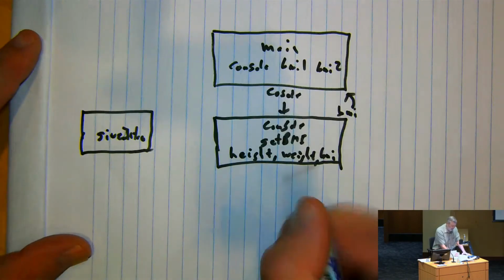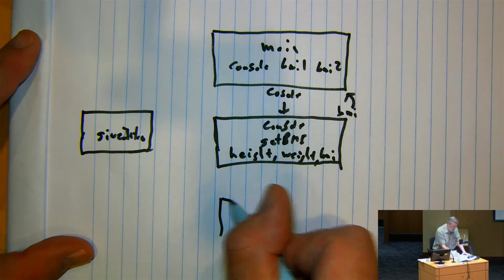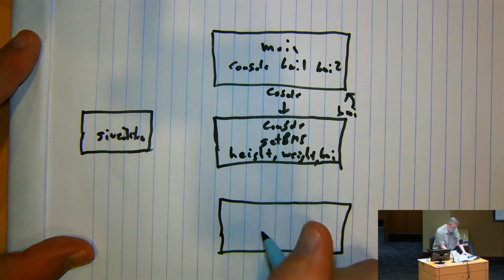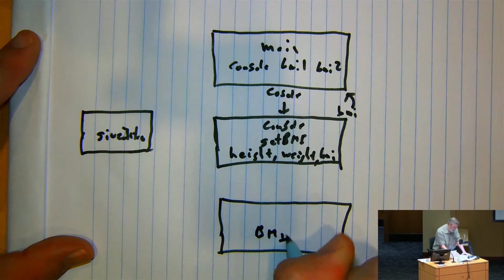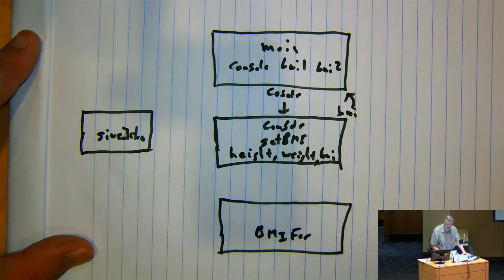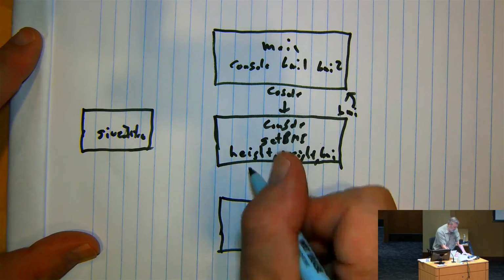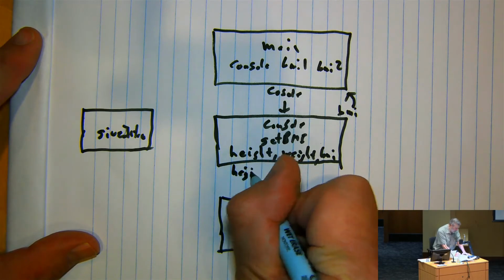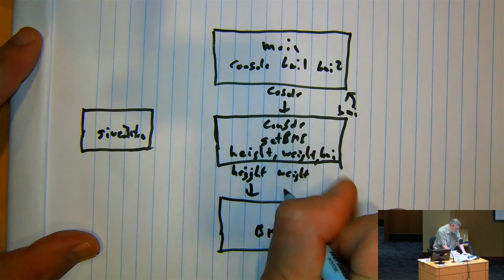You may not remember this, but I introduced a method here for the BMI formula. So I made something called BMI4. I introduced a method that would compute the BMI, that would have the formula for doing the BMI. And what I did is I passed in the height and the weight as parameters here.